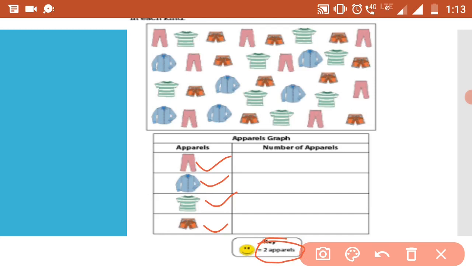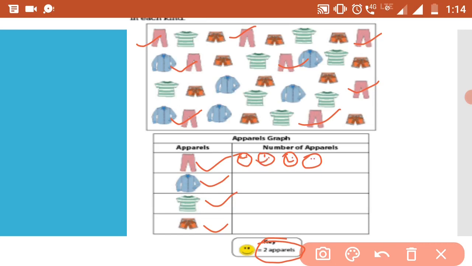Let's find out pant. 1, 2, 3, 4, 5, 6, 7, 8. So we have 8 pants, but you have to represent one smiley for two, right? So how many smileys can you draw? 1, 2, 3 and 4. Because why 4? Because one smiley shows two apparels.